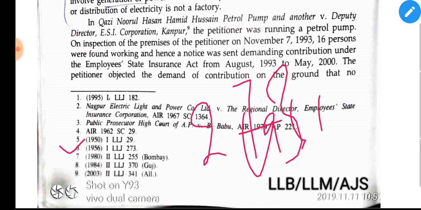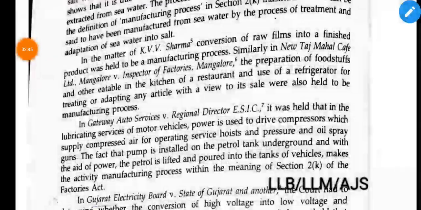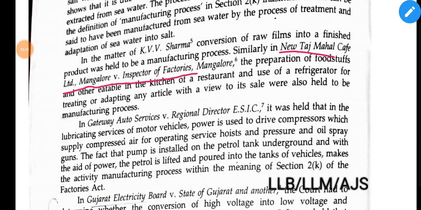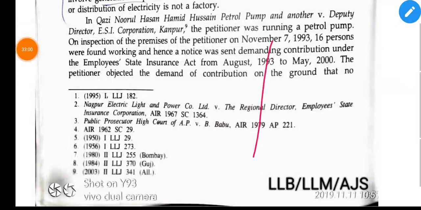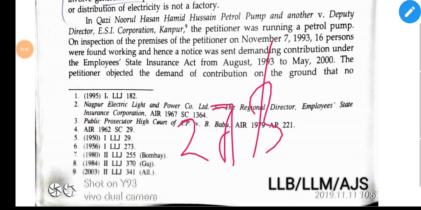What was held in this case? New Taj Mahal Cafe Ltd versus Inspector of Factories, Mangalore, AIR 1956 I LLJ 273.